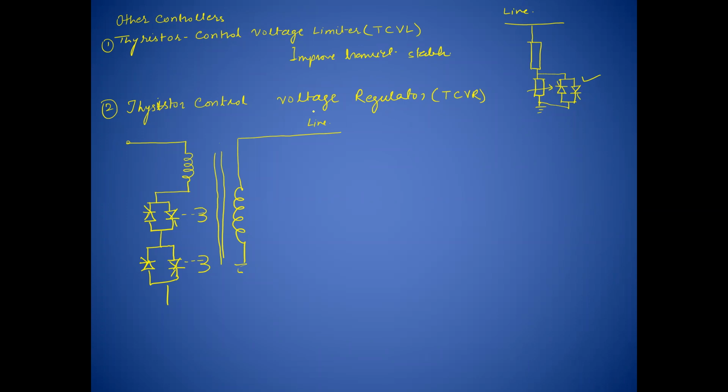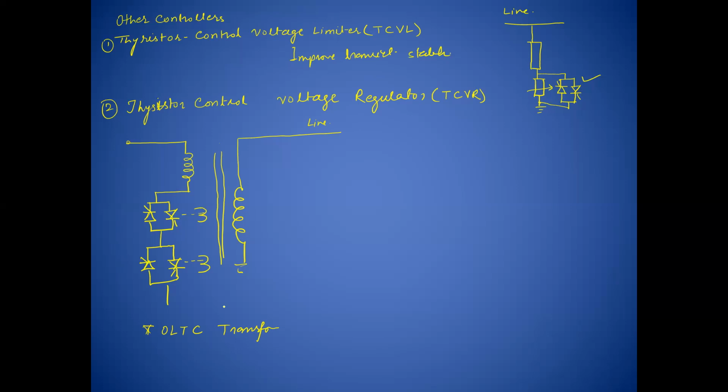Next is the thyristor controlled voltage regulator. The voltage regulator is nothing but the tap changing transformer, or OLTC, that is the on load tap changer of the transformer. In case of an on load tap changing transformer, under load condition, it does not need to shut down the supply to change the voltage level.